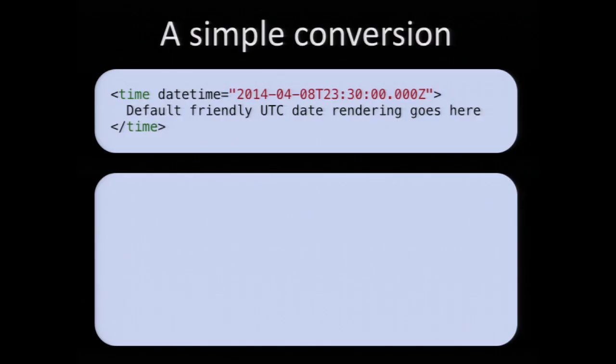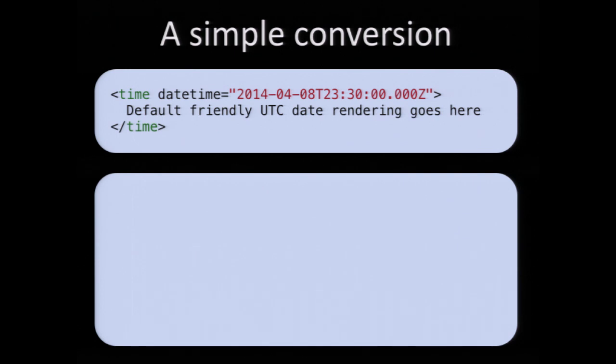This is by far the best solution, and it's used by a few popular sites. Like, I'm sure the GitHub people can tell you that that's what they use in the web UI. And the really, really basic implementation looks like this. You have an HTML5 time element, which has the datetime attribute. This is using the ISO standard date-time format.